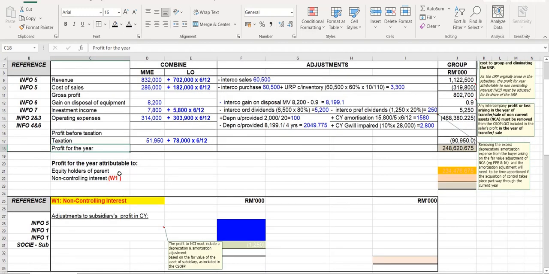So now let's look at how much is the share of the profit after tax or profit for the year for the subsidiary company. So let's do that. Okay, so first put the profit for the year.